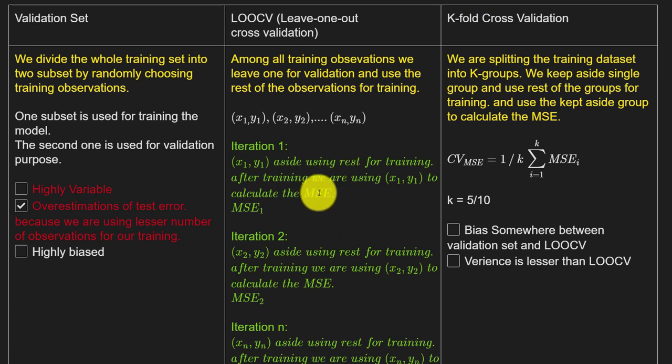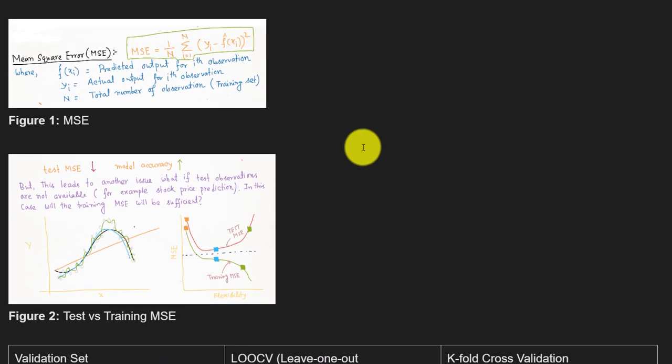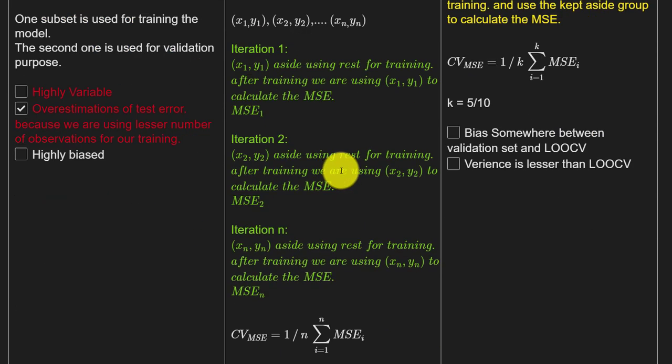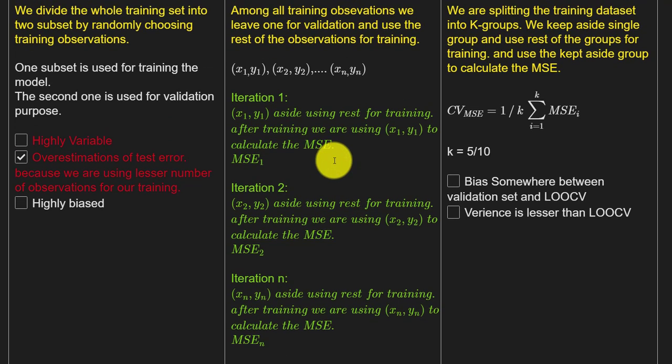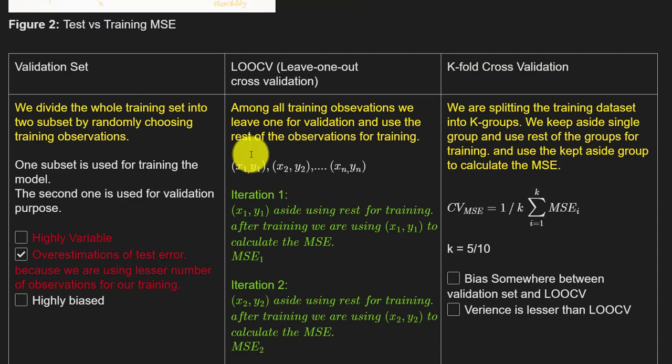We cannot measure the MSE in this way, the output minus the, if I show you over here, we cannot apply the similar formula, right? So what we generally do for classification problems is basically determine the number of misclassified observations. If I talk about LOOCV, every time we only have a single observation for testing purposes, right? So that means whether our model is able to successfully classify it or not.